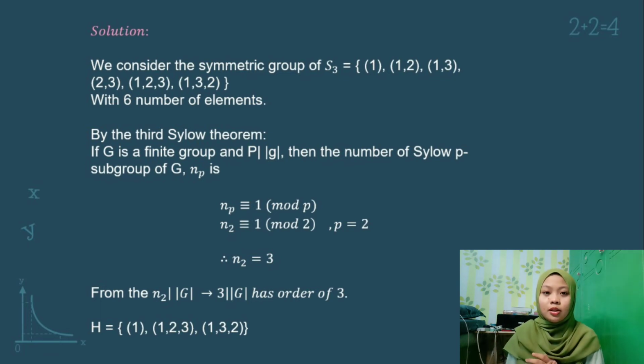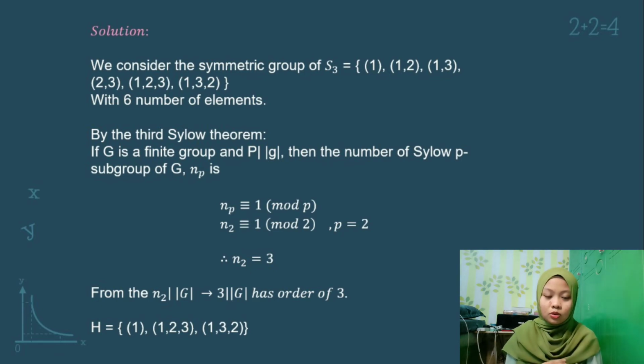By the third Sylow theorem, if G is a finite group and p divides the order of G, then the number of Sylow p-subgroups of G, which is n_p, satisfies n_p equal to 1 mod p. From the question, they want the Sylow 2-subgroups, so our p is 2. So we get n_2 equal to 1 mod 2.